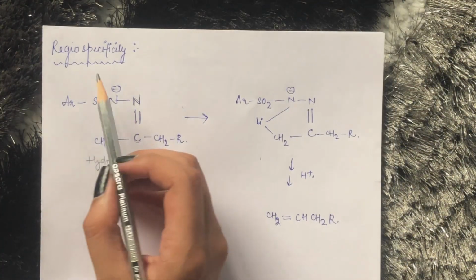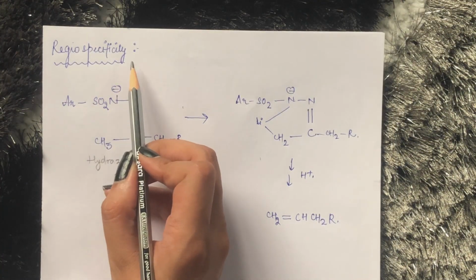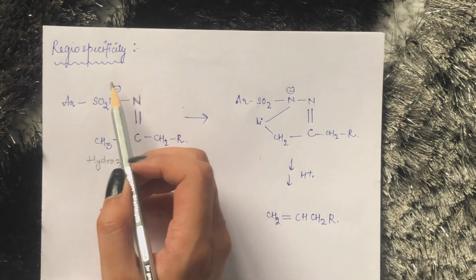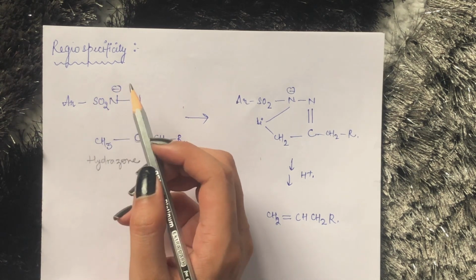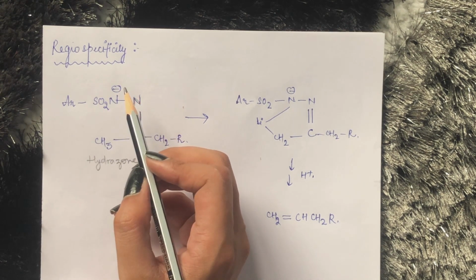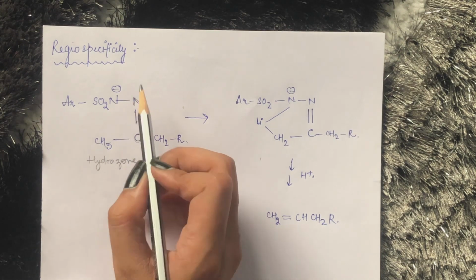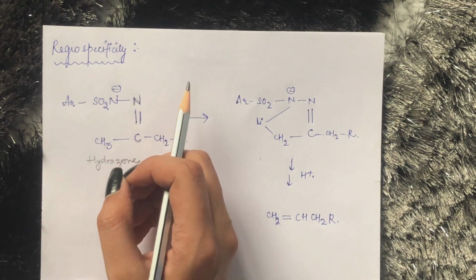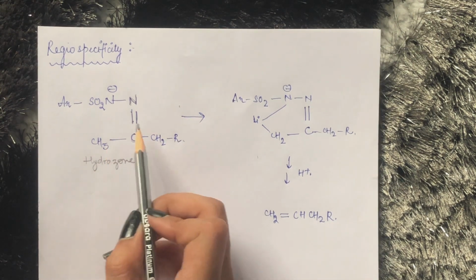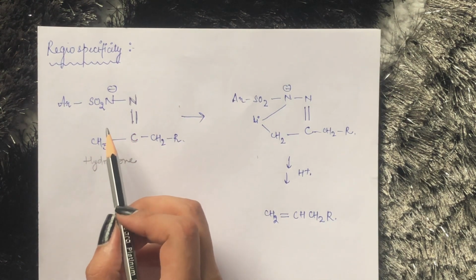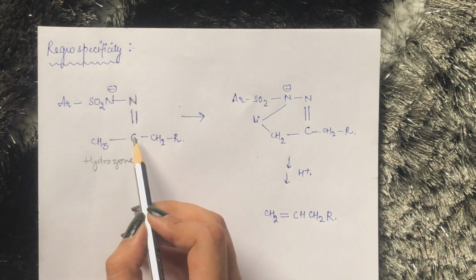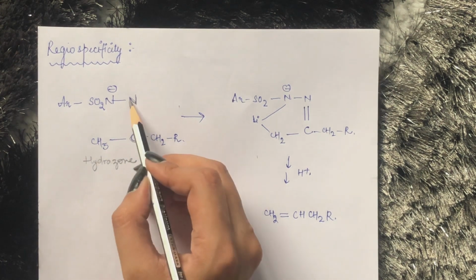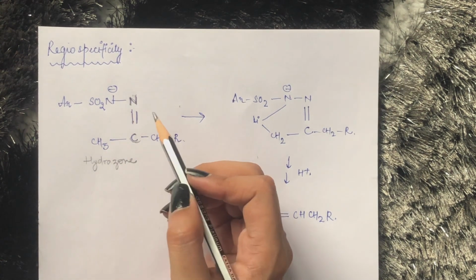Let's have a look at the regiospecificity of this reaction. So what is regiospecificity? It is just the preference of chemical bonding or breaking in one direction over all other possible directions. In this reaction, regiospecificity depends on the stereochemistry of the C-N bond in the starting hydrazone.